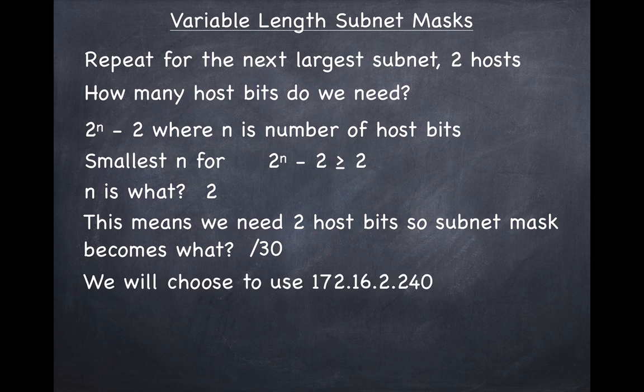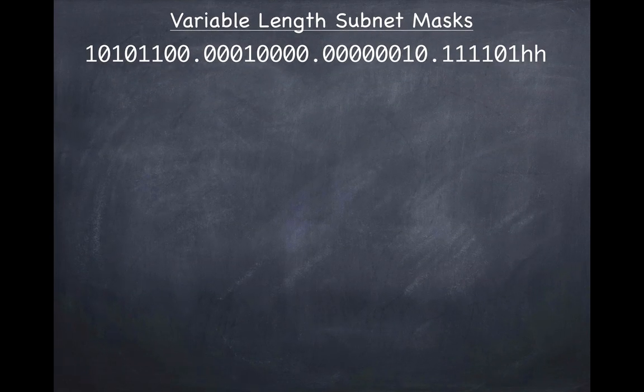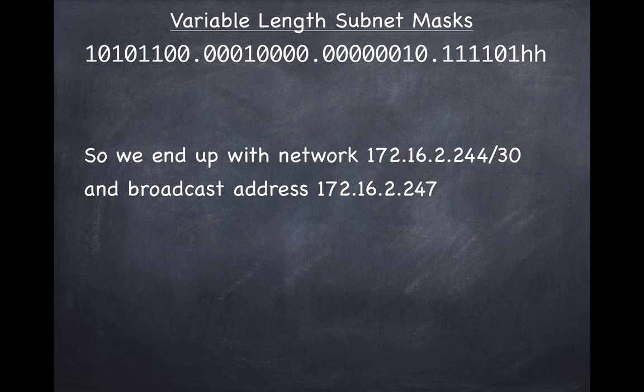And what we do is we choose the network address, and then we set all the host bits to 1, which would give us a network of 2.244/30, which is one more than the broadcast address of the previous subnet, and a broadcast address, by setting all the host bits to 1, of 2.247.